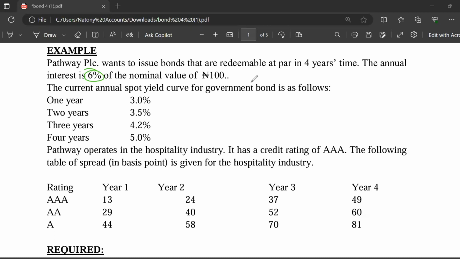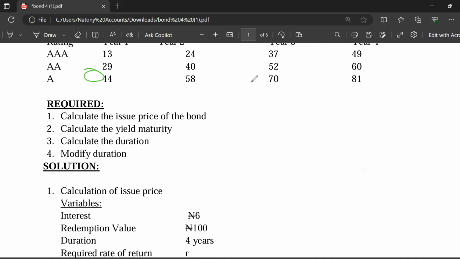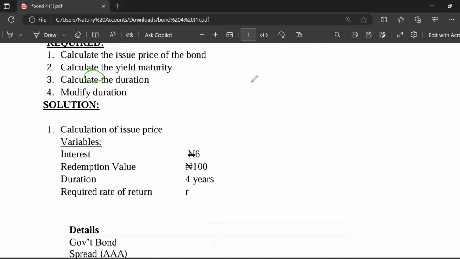Let me go back to the solution. From this question, interest is 6 naira. Redemption value of the bond is 100 naira. The duration is 4 years. The lender's required rate of return was not given in this question.